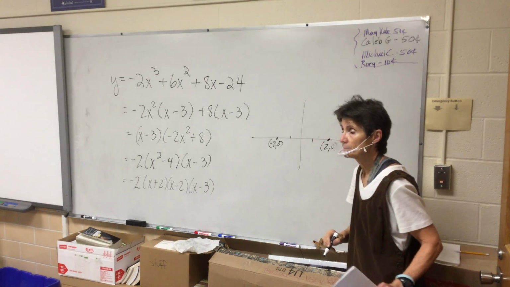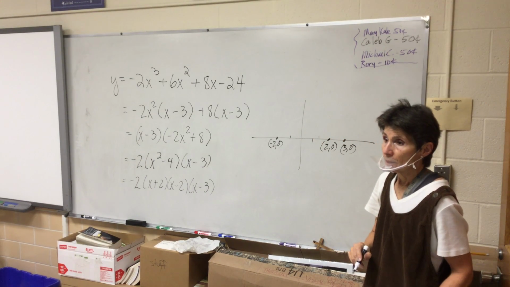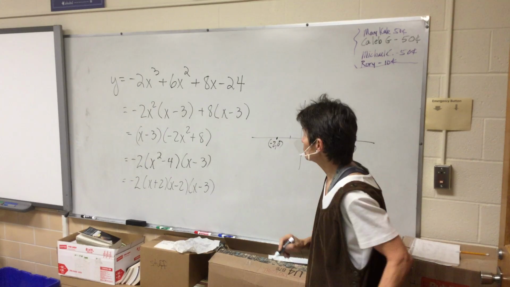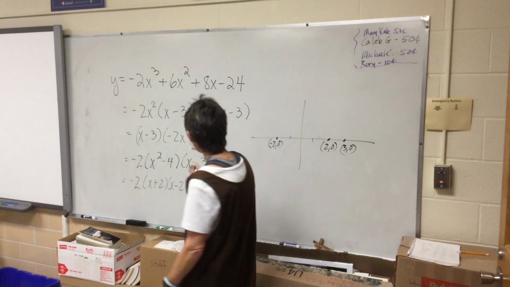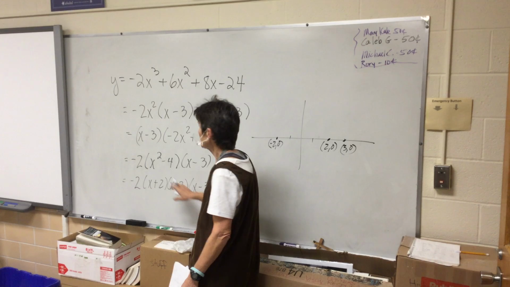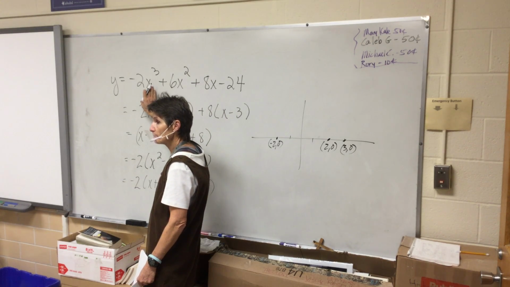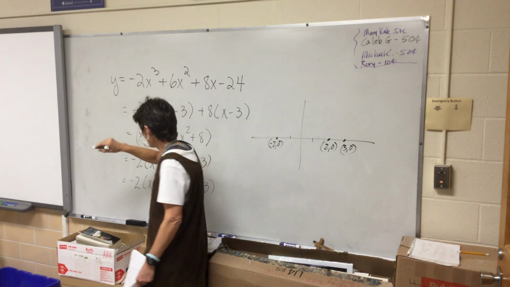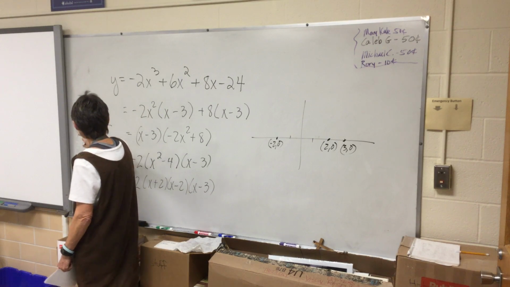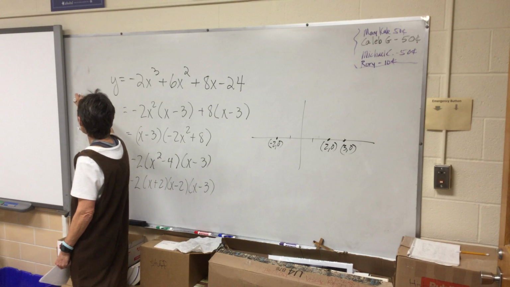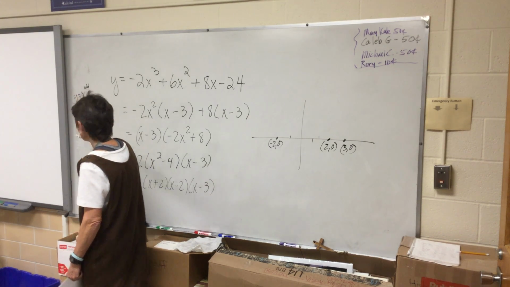So far, so good? All right. And then hopefully you looked at the original problem or at the number of x's you have, which is 3x cubed. And you remember that x cubed, any odd power, is going to have this behavior.